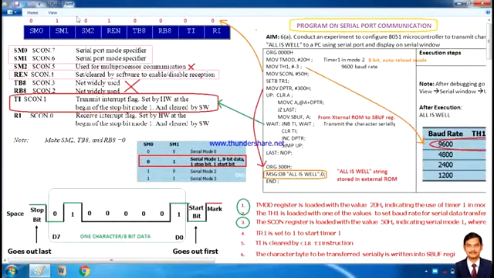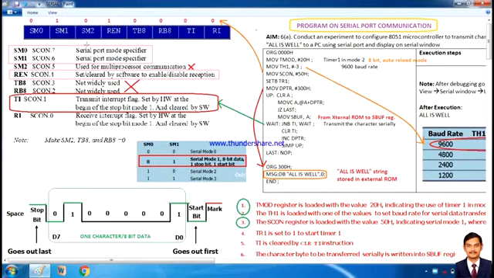Here in this diagram, the bit specification is given. SCON is an 8-bit special function register. By moving 50H, the equivalent binary value is 0101 0000, which is 5 and 0, so it's 50.